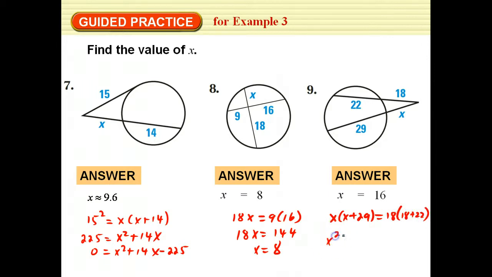So x squared plus 29x is going to be 18 plus 22 gives me 40, and multiply that times 18 gives me 720. So x squared plus 29x minus 720 is equal to 0, and using the quadratic formula I get 16.